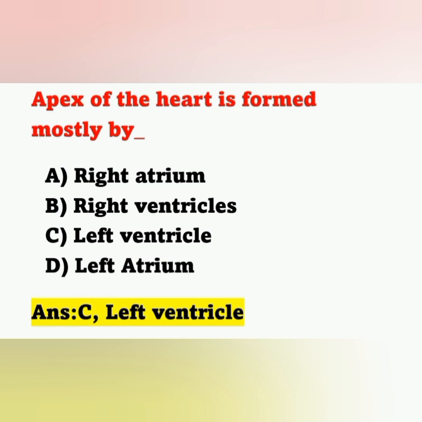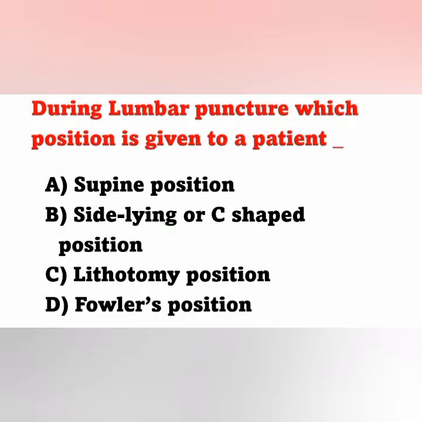The next question, during lumbar puncture, which position is given to a patient? Option A supine position, option B side lying or C-shaped position, option C lithotomy position, option D Fowler's position. Lumbar puncture or spinal tap is the insertion of a needle into the lumbar region of the spine.